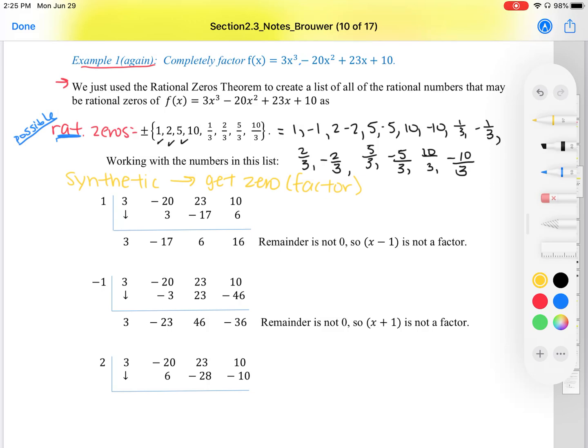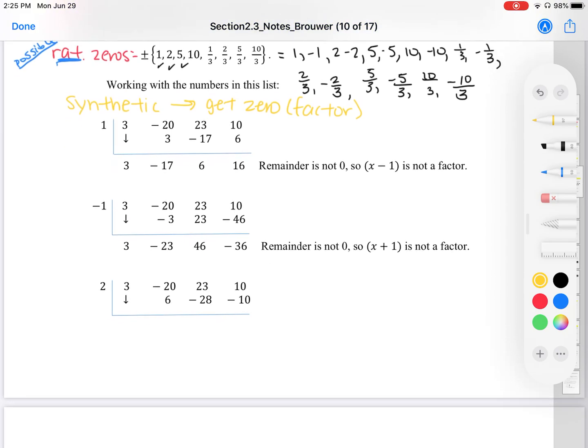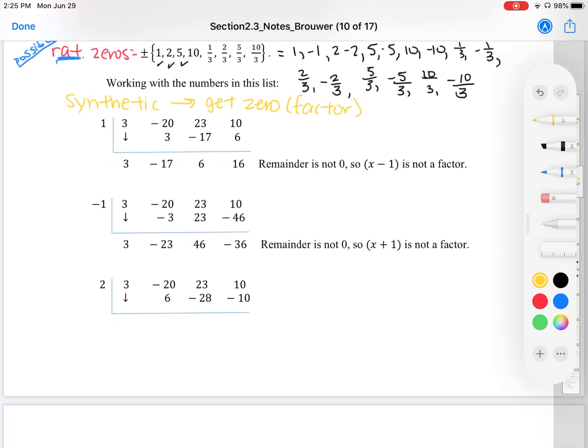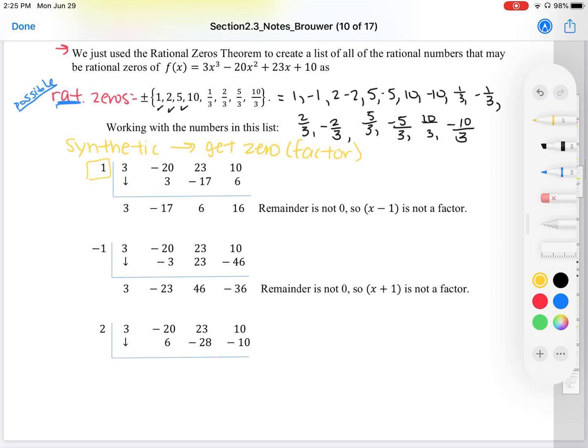All right, so let's go ahead and do synthetic division. Let's go through our list. So how about 1? If I do synthetic division with 1, and I take my coefficients from my polynomial, I have 3, negative 20, 23, and 10. And I follow my rules of synthetic division.